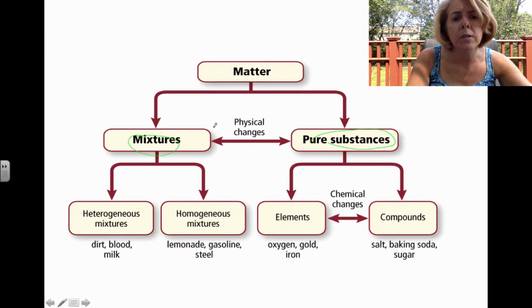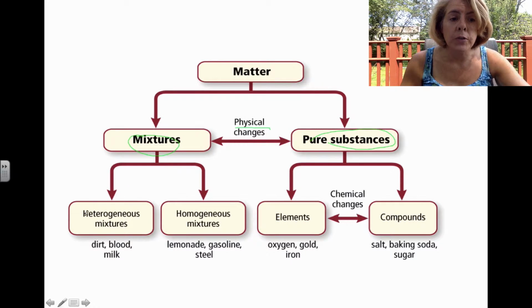Now please notice that the only way that you can separate them out is through physical changes. However, under mixtures we have what we call heterogeneous. So remember, they're not the same throughout. If you take a cross section, you're not going to see a uniform substance.